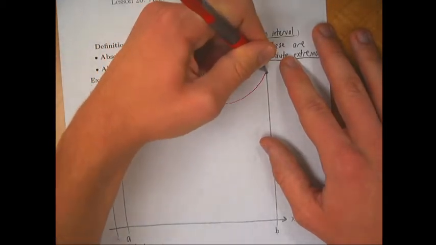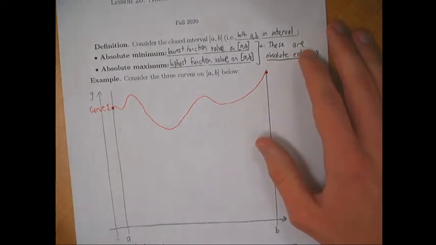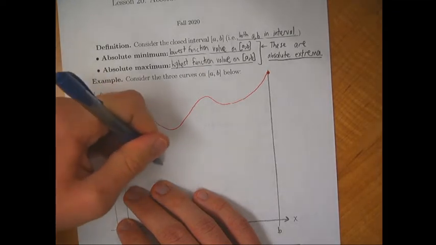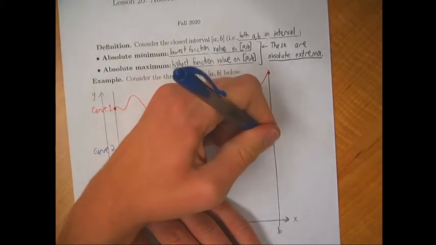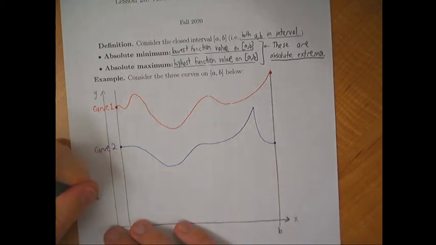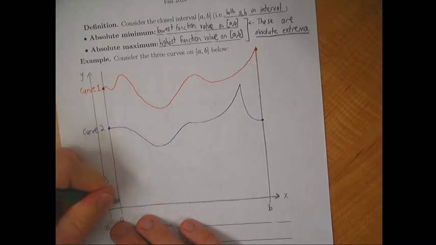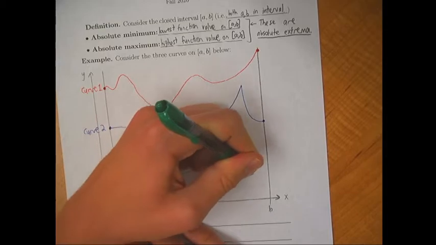Okay, so here's curve 1, curve 2 is here, and curve 3 is going to look something like this.